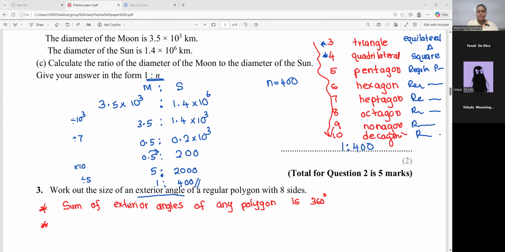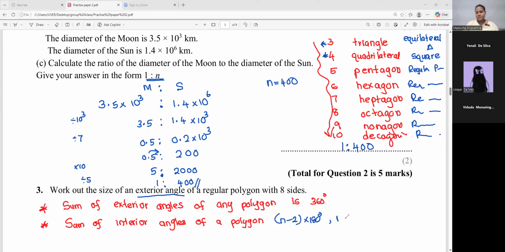And to find the sum of interior angles, we have a formula. The sum of interior angles of a polygon does not have an exact value like this 360. We have a formula: n minus 2 into 180.